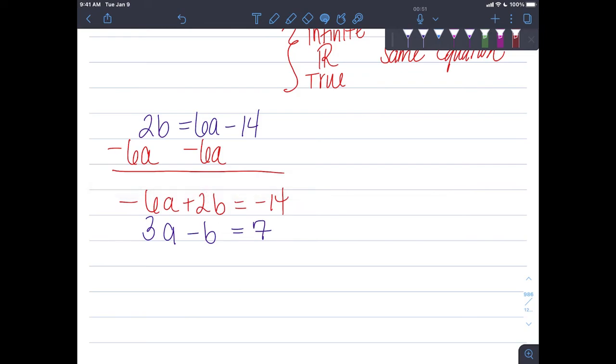And I see that I can eliminate this bottom a by multiplying it by -2. I could, conversely, divide the entire top part by +2 if I wanted to, okay? But we'll stick with multiplying. I'll multiply by -2.